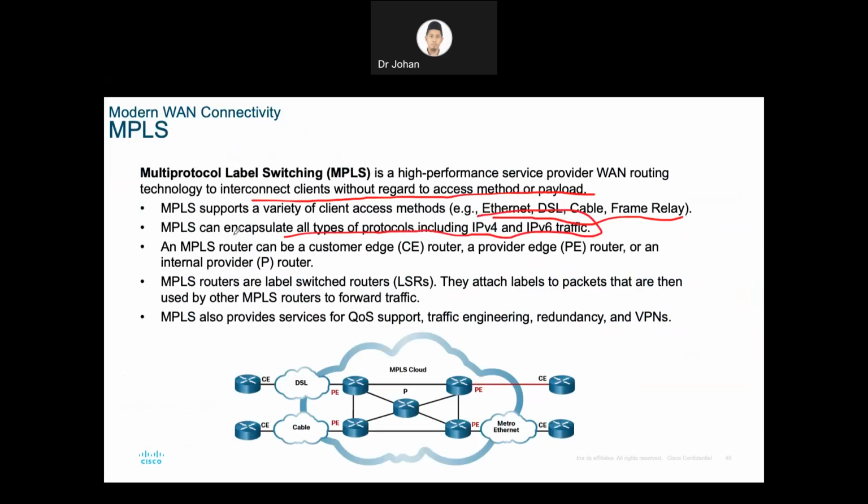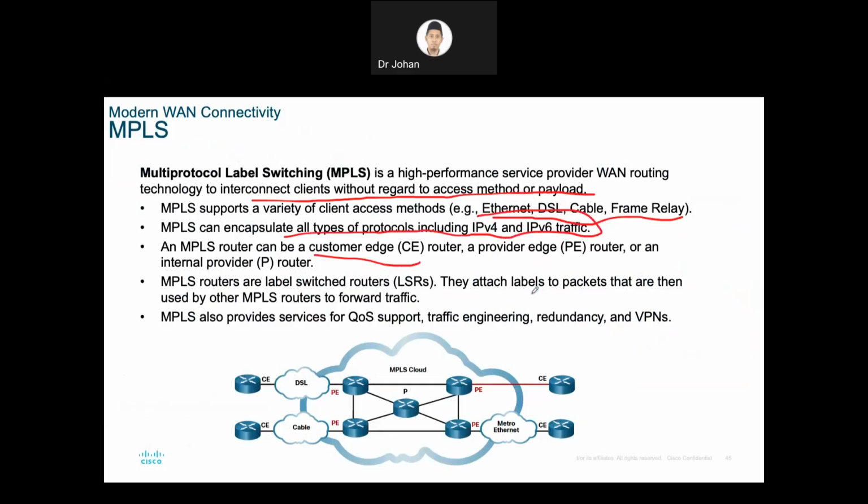An MPLS router can be a customer edge (CE) router, a provider edge (PE) router, or an internal provider (P) router. MPLS routers are label switch routers, LSR.